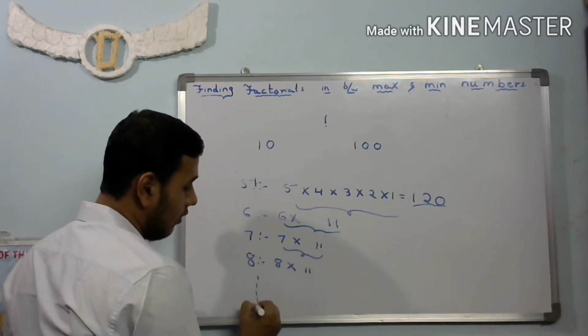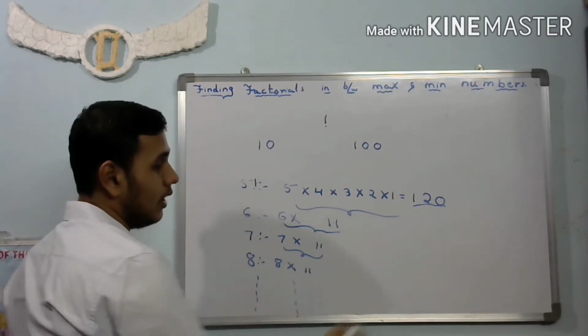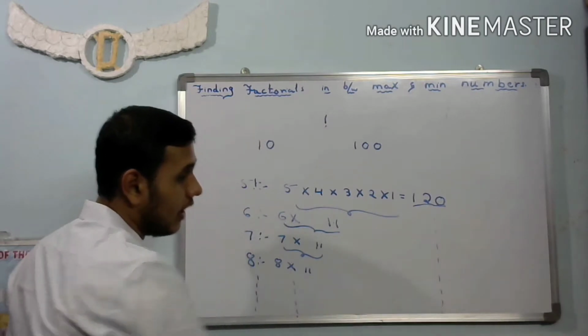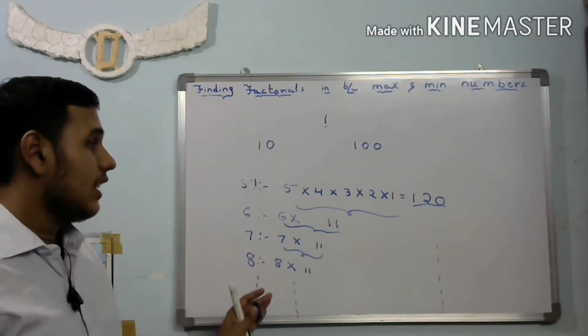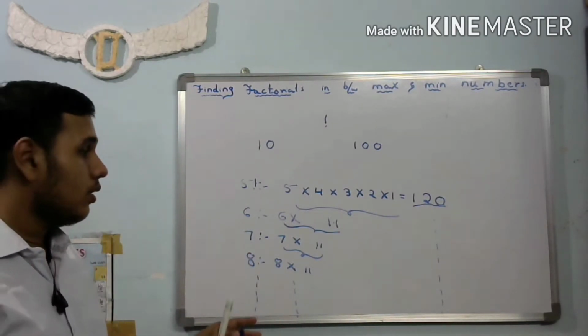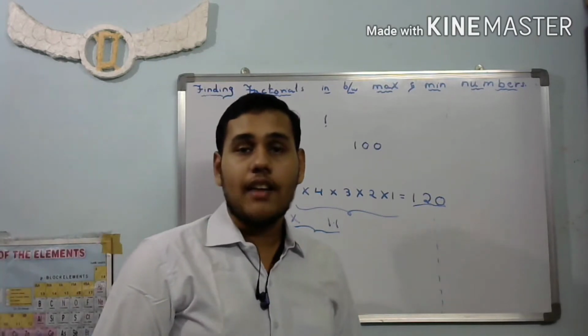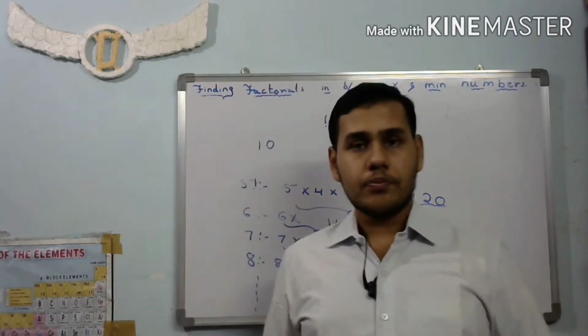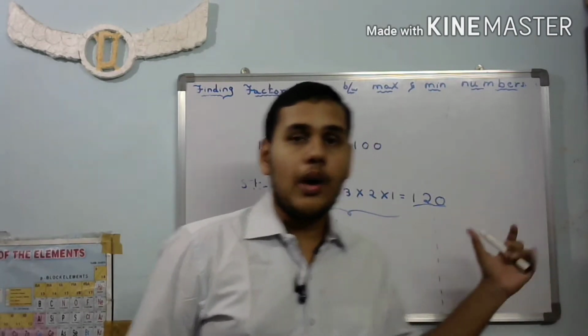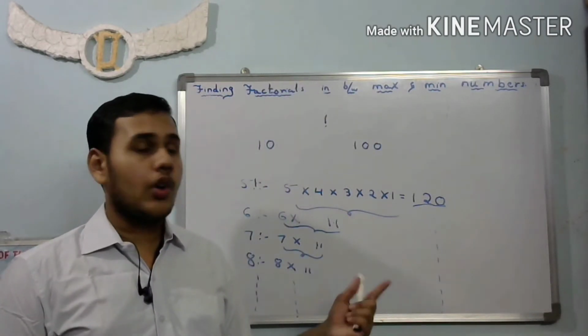So by this we can find factorials and so on, and we are going to get different answers. These different answers have different sets of values by which we can find the factorial of a number. So we are going to apply the same concept here.